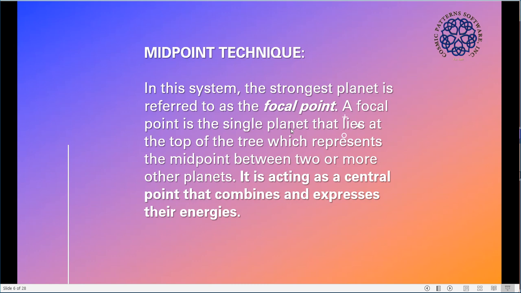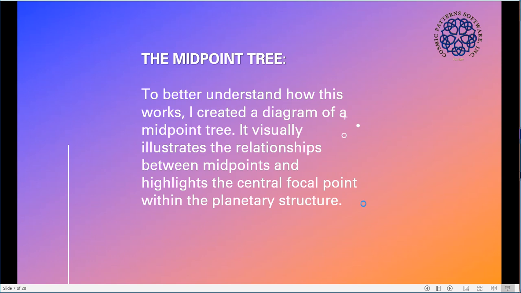In this system, the strongest planet is referred to as the focal point. A focal point is the single planet that lies at the top of the tree, which represents the midpoint between two or more other planets. It is acting as a central point that contributes and expresses their energy.